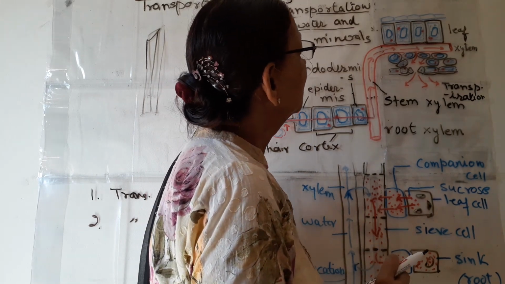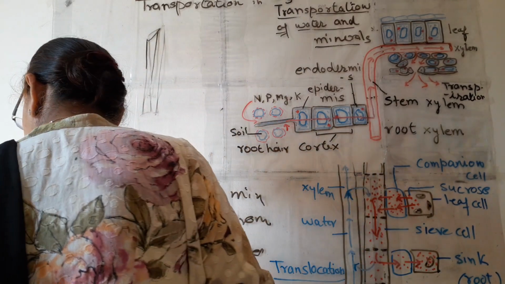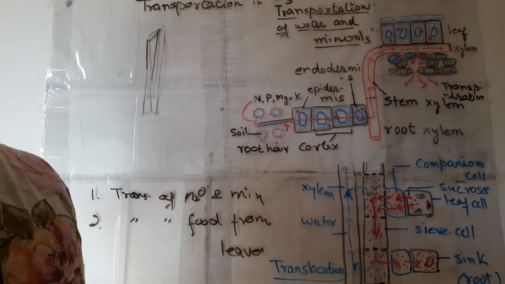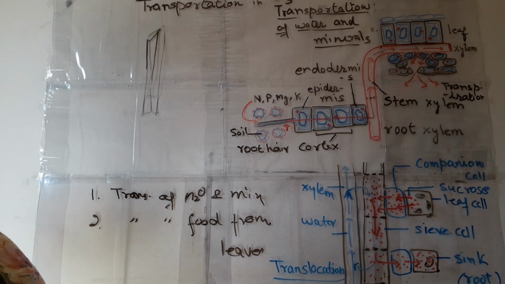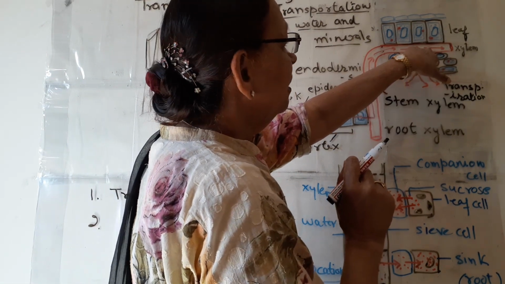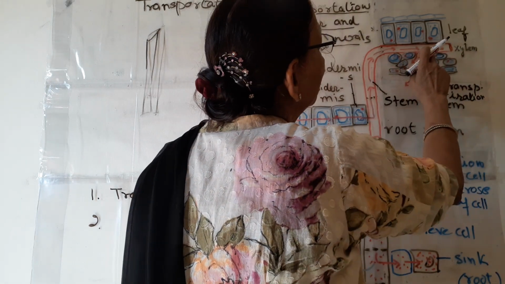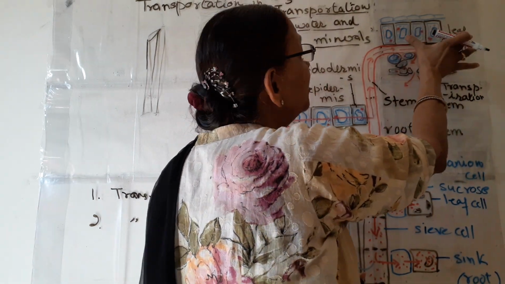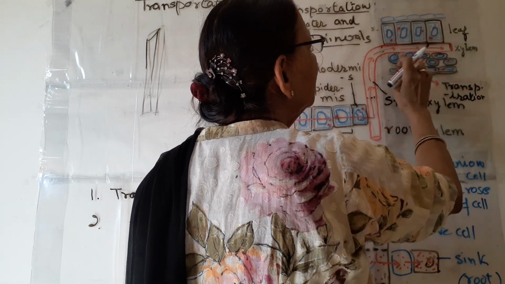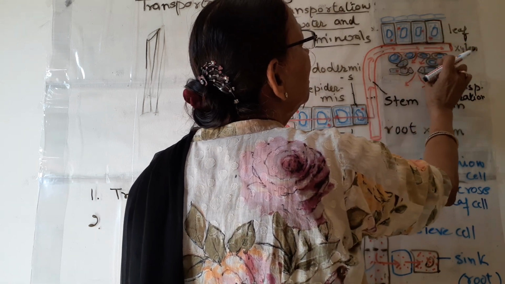Now what happens in the leaf? When water reaches the leaf, near this is the vascular bundle. Near this vascular bundle, palisade tissue is present. This is palisade parenchyma. This is mesophyll.